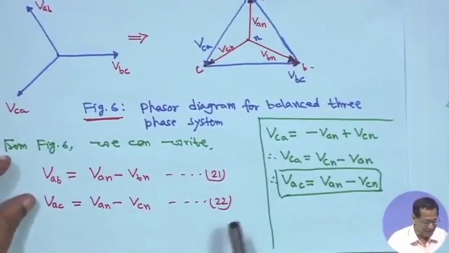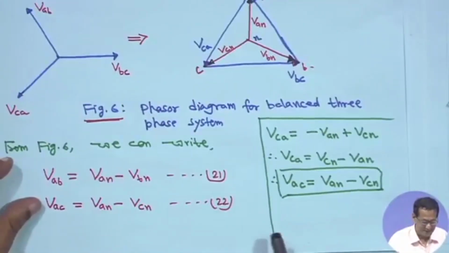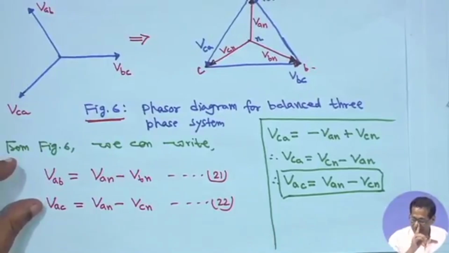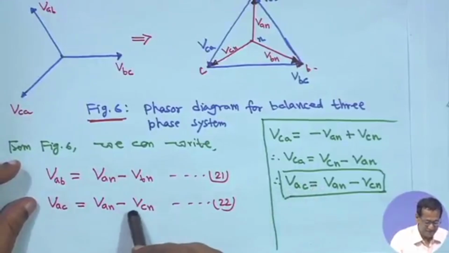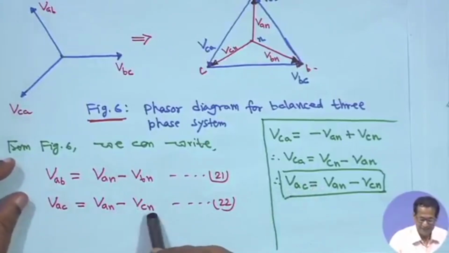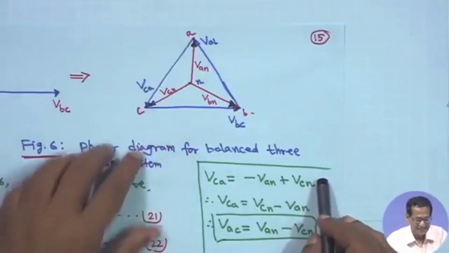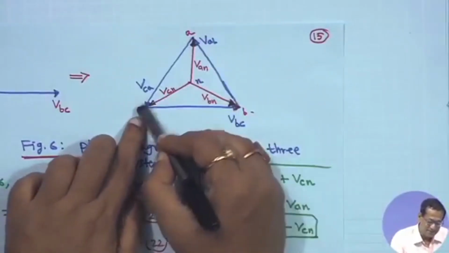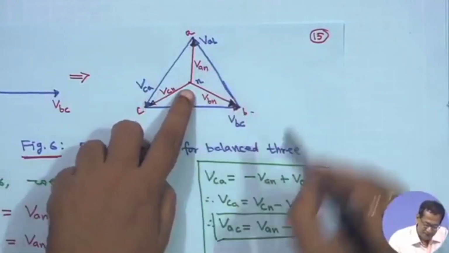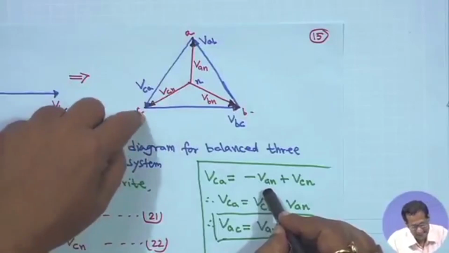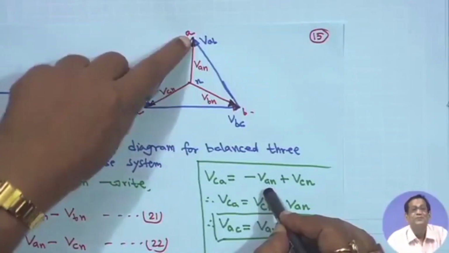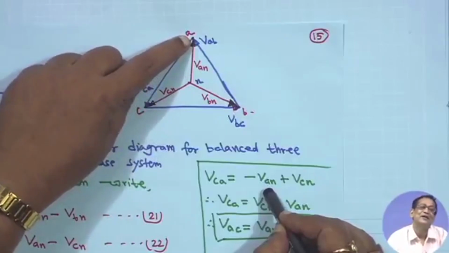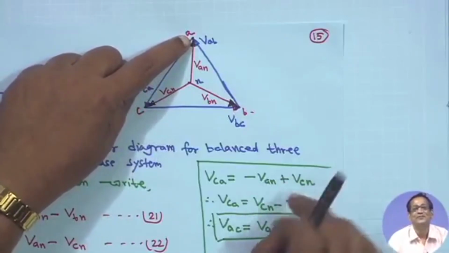Similarly, we want AB, BC, CA. First, let us see V_ac. In this case, V_ab plus V_ac. V_ac will be equal to V_an minus V_cn. So, let us first see V_ca. V_ca is equal to minus V_an, because the way you do the vector or phasor is the same thing; a phasor is a rotating vector. This is the difference between phasor and vector.